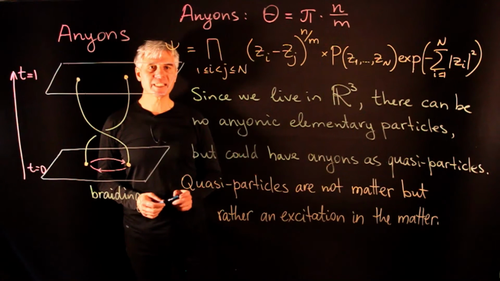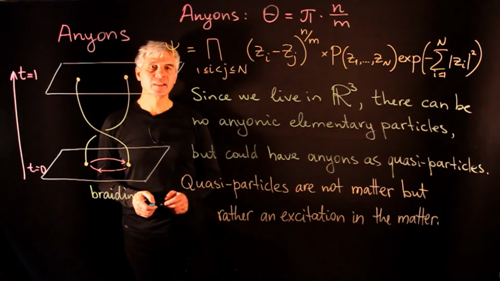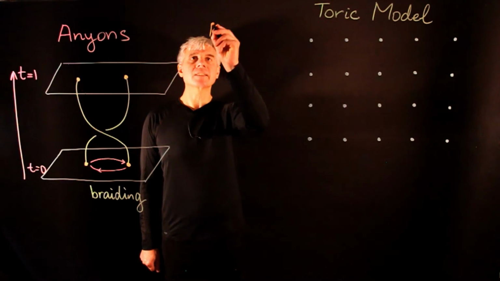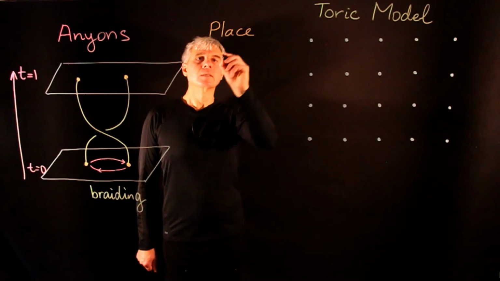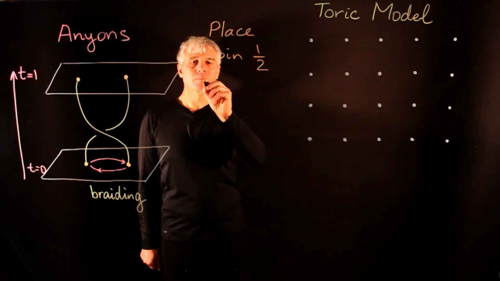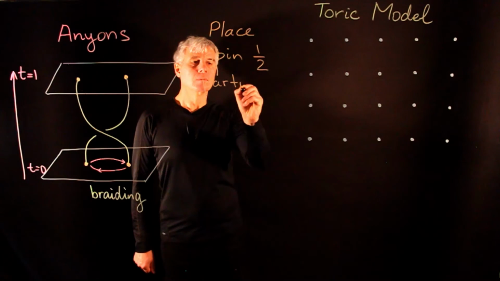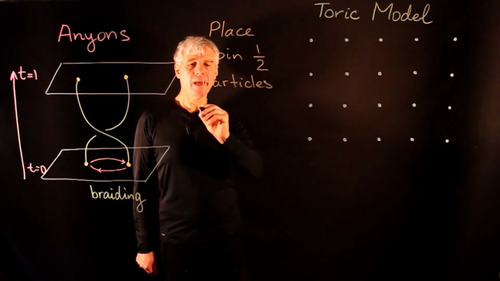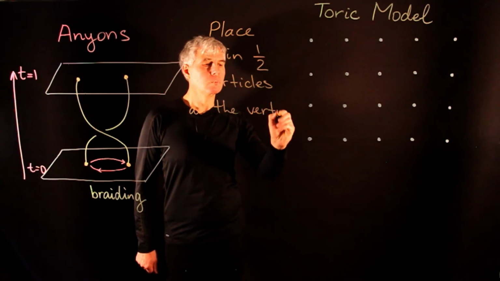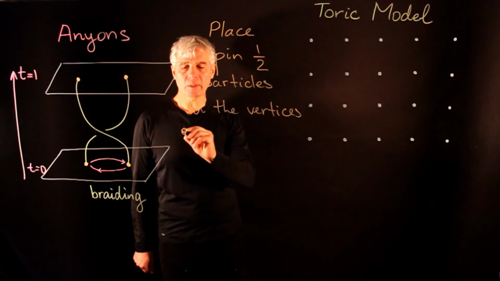In order to understand quasiparticles better, let us consider the following two-dimensional spin model, which is called the Toric model. In this model, we place spin 1/2 particles at the vertices of a square lattice.